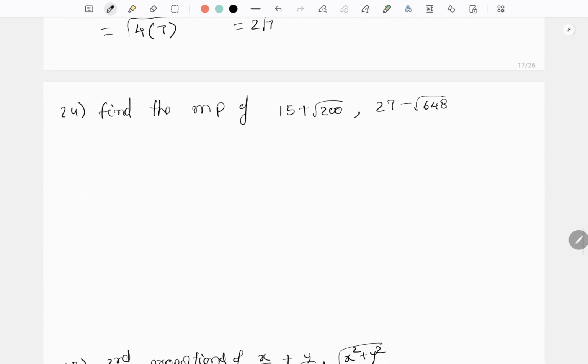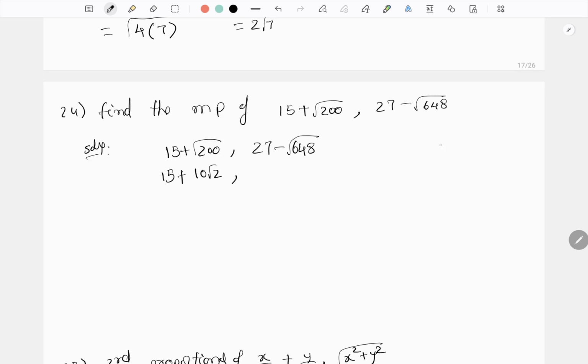Find the mean proportion of 15 plus root 200 comma 27 minus root 648. Root 200 can be written as 15 plus 10 root 2 and 27 minus root 648. 648, sum of the digits are 18, so it goes by 9.